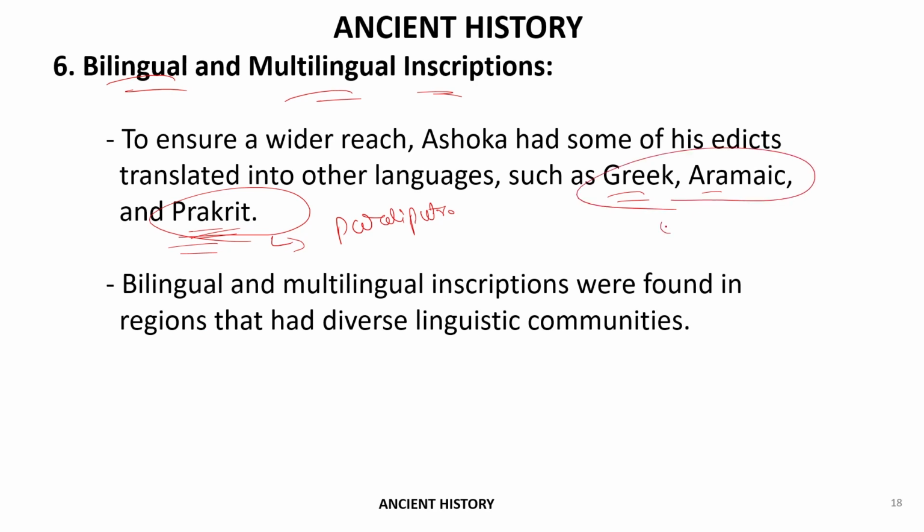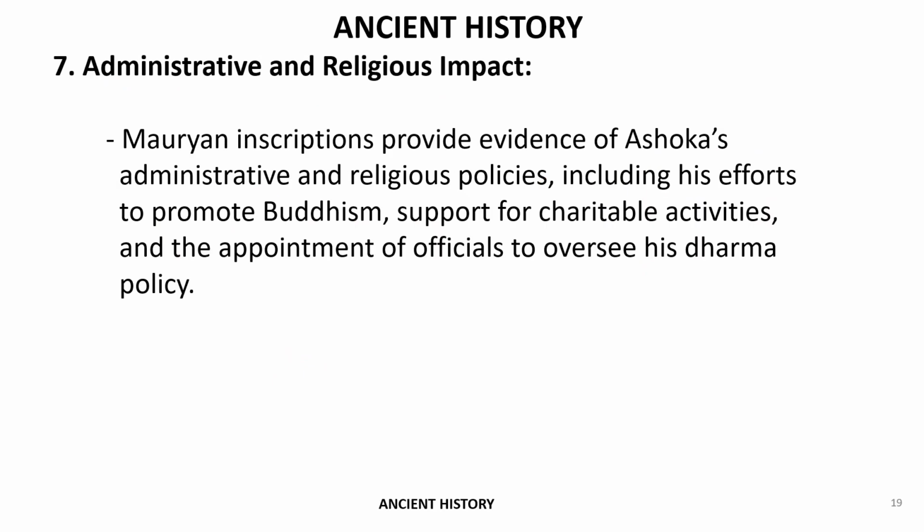Okay, Greek and Aramaic were used for far western areas where people could not understand Prakrit and the Brahmi language. So basically you can say he used bilingual and multilingual inscriptions to reach more and more people and to propagate his policies freely. Now let's move forward.